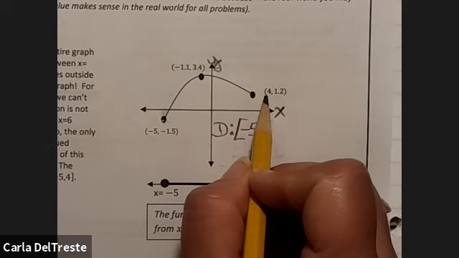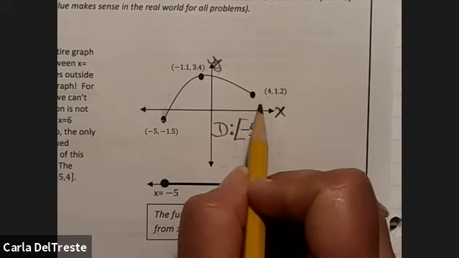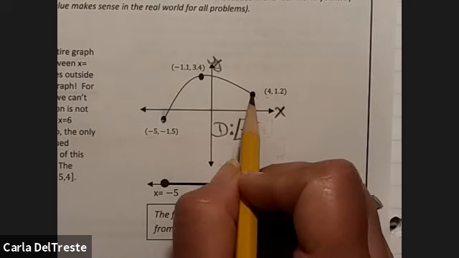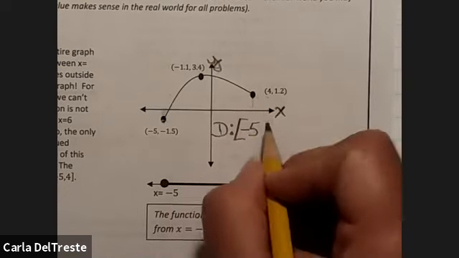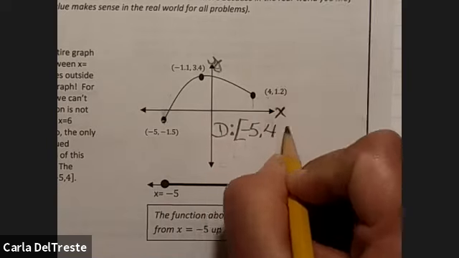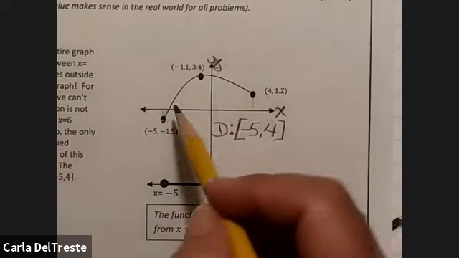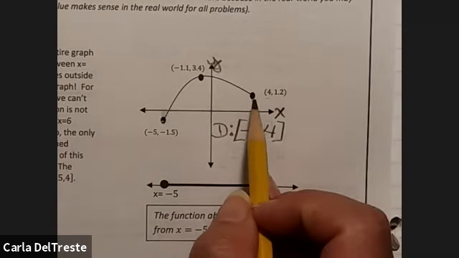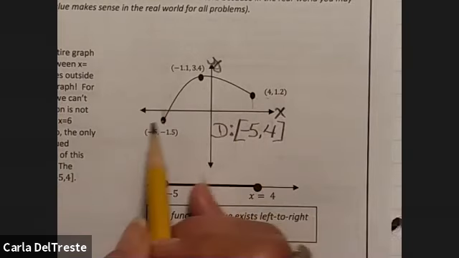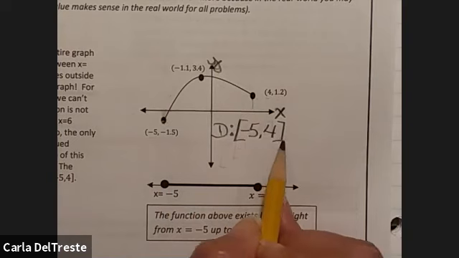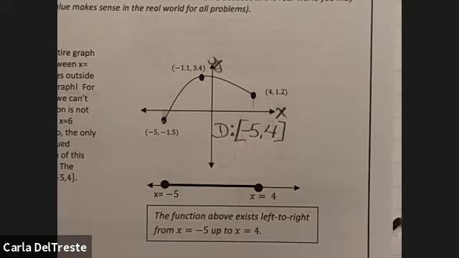I stop seeing graph when x equals 4. Okay? And again, it's a solid dot. That means I can stand at 4. So this goes up to 4. And again, I have a square bracket because I can stand there. So this graph exists for all x values from -5 to 4 inclusive. Okay, I can stand at -5 and I can stand at 4.